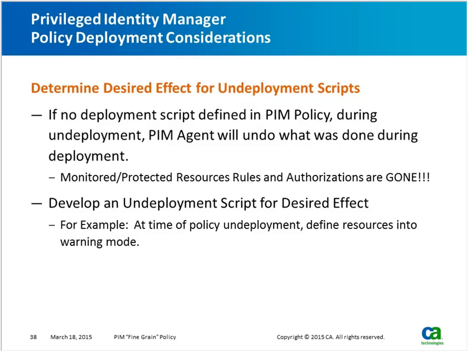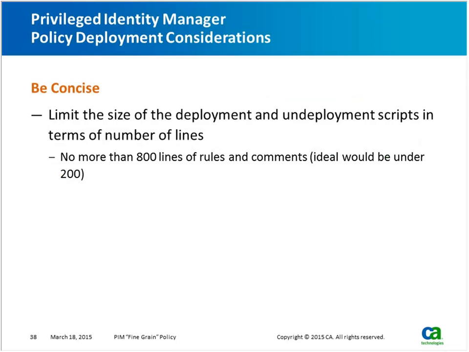Next slide, 39. Another thing you need to know is to be concise. You want to limit the size of deployment and undeployment scripts in terms of the number of lines. In the past, we've had clients looking at deploying like 800 rules in their policies. I would strongly suggest not doing that and trying to minimize it. The ideal situation would be no more than 200.